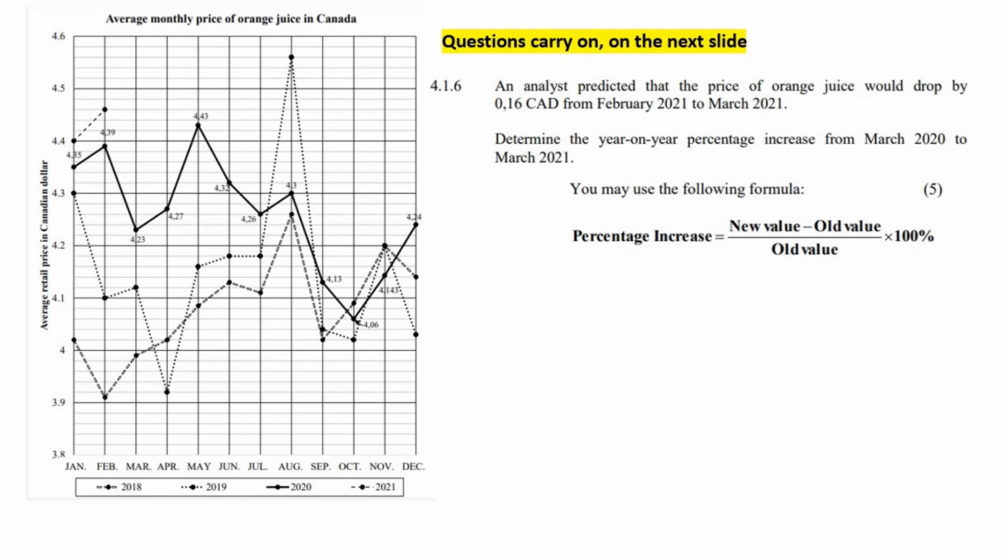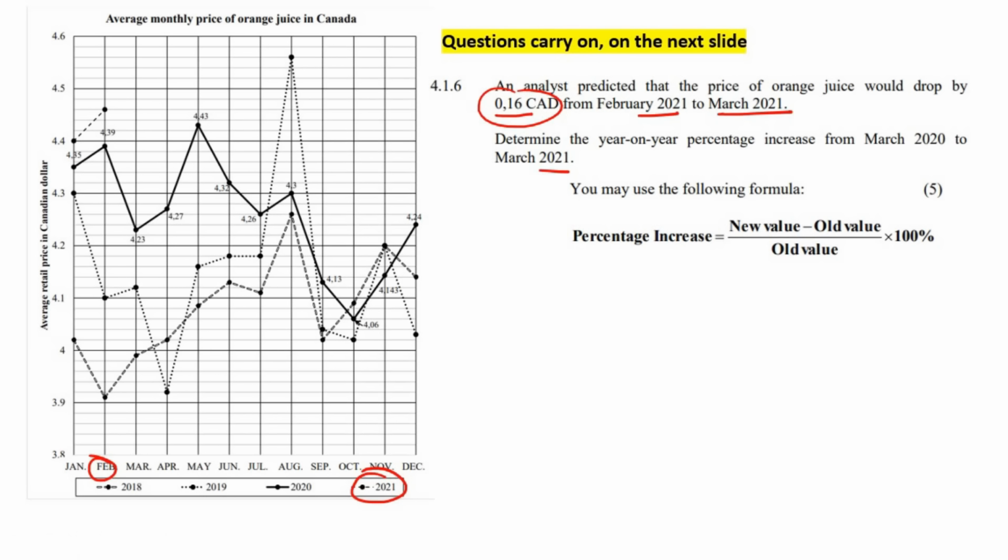Okay, this question says that an analyst predicted that the price of orange juice would drop by 0.16 from February 2021 to March 2021. You see, for 2021, we don't have the ending here. So here it goes up to there. That's February. And then this analyst said it would decrease by 0.16. So it would go down a little bit, okay? So it says, determine the year-on-year percentage increase from March 2020 to March 2021.